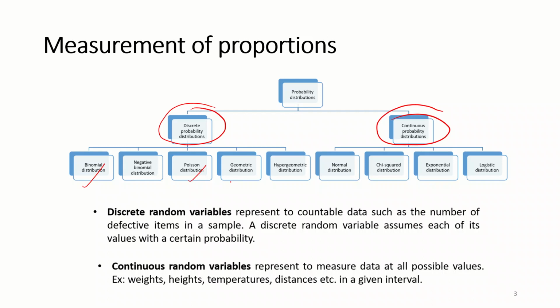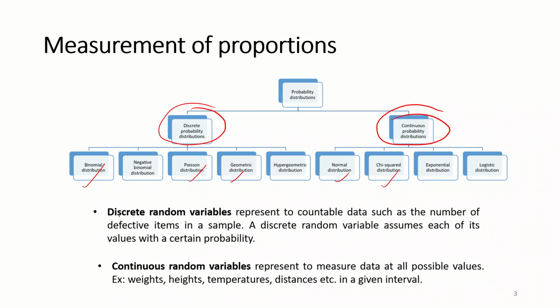You might have known about geometric distribution. Similarly, here you have normal distribution, chi-square distribution, and some others. The main factor here is to know what is discrete and what is continuous.